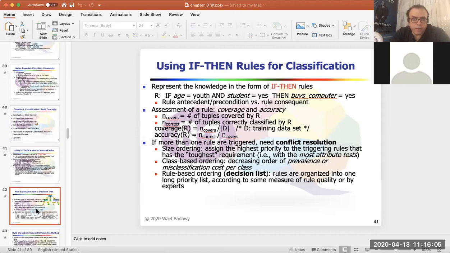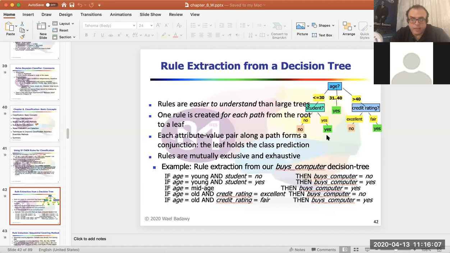If I look at the same example we have, rules are easier to understand than larger trees.